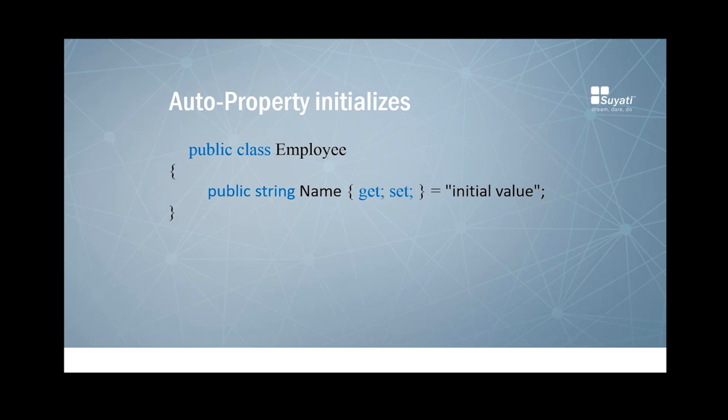But we can now reduce this code block to one line. No longer do we need to create a setter or constructor. Like in this example shown on the screen, we can see an Employee class with a property Name, and it's assigned a string value at the time of initialization.